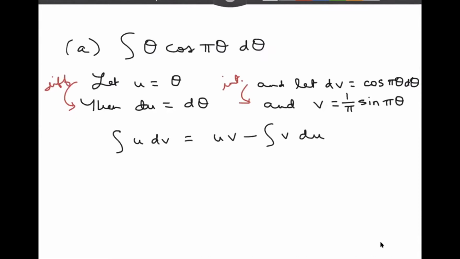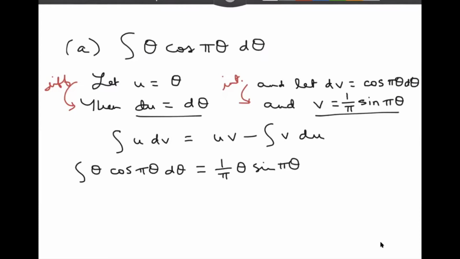So in this problem, that translates into integral theta cosine pi theta d theta is equal to u times v, which is going to be 1 over pi times theta sine pi theta minus integral v du. So here is v, here is du.